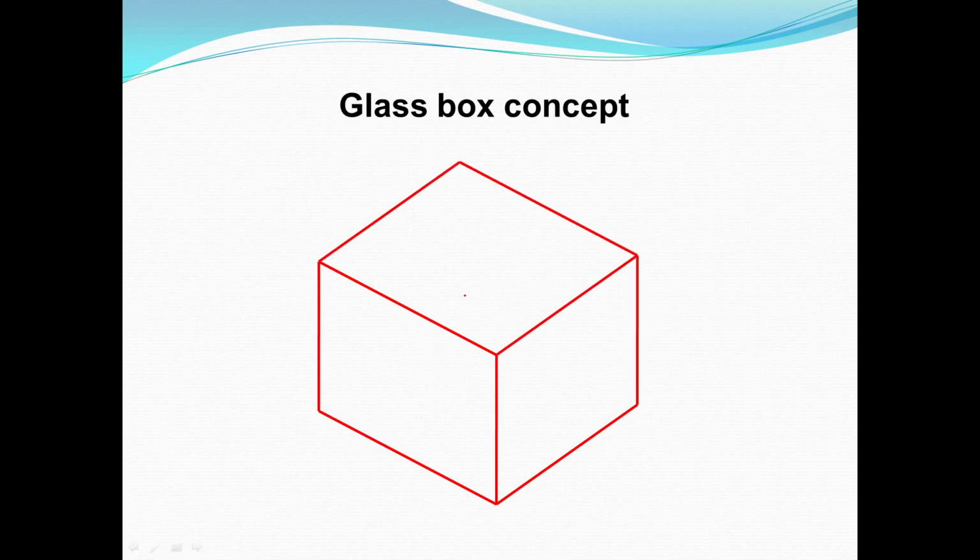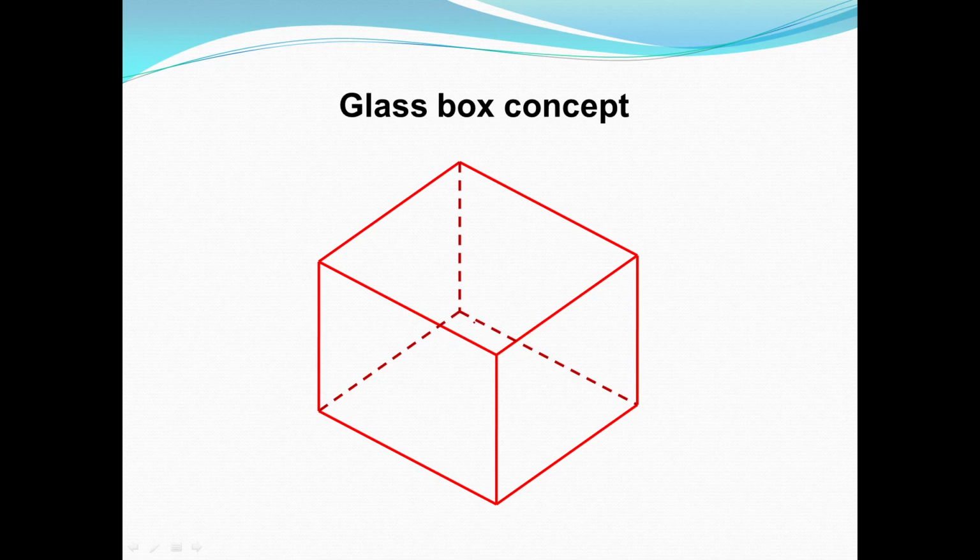If the box is made of a transparent material, you can see another edge of the glass. This edge is the hidden edge. As the glass box is transparent, we can see the other edges of the box, so you have to draw these hidden edges also in the orthographic projection.